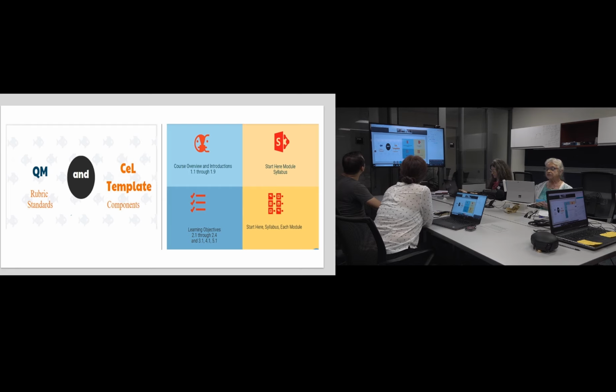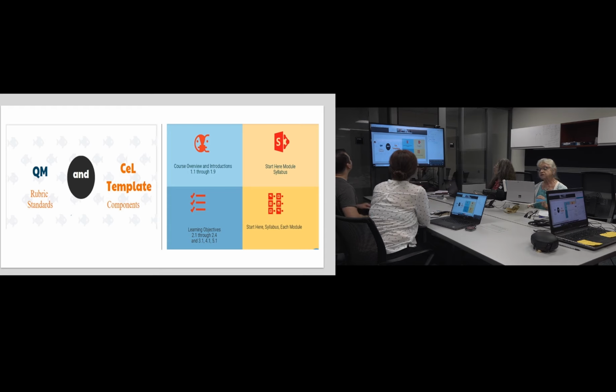So this is just a little bit of a graphic to show what Enid was talking about earlier, that the QM standards and the template components are pretty intertwined. She referenced the course overview and the introductions. Those are in standard one, and then within each standard there are several that are broken down, and so those are within that one.